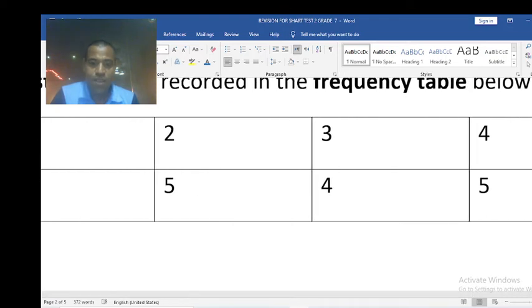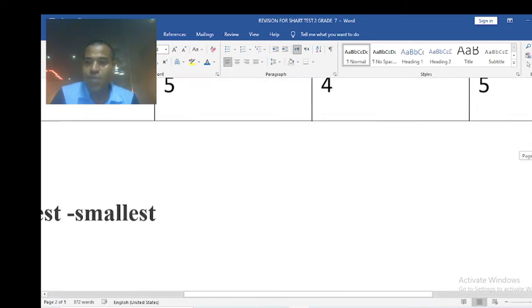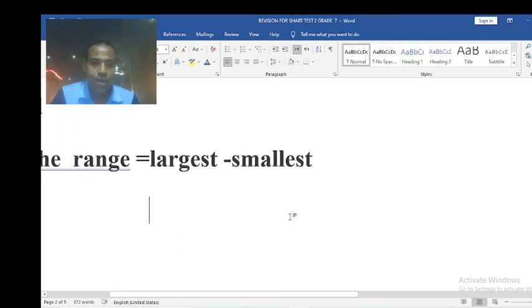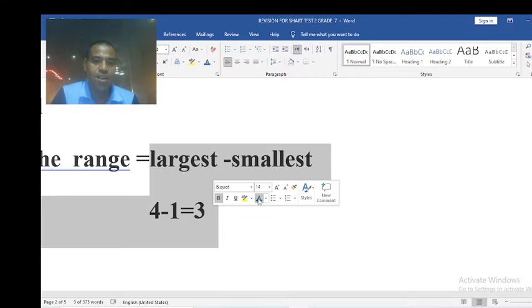So 4 minus 1 gives 3. Okay, this is the range, learners.